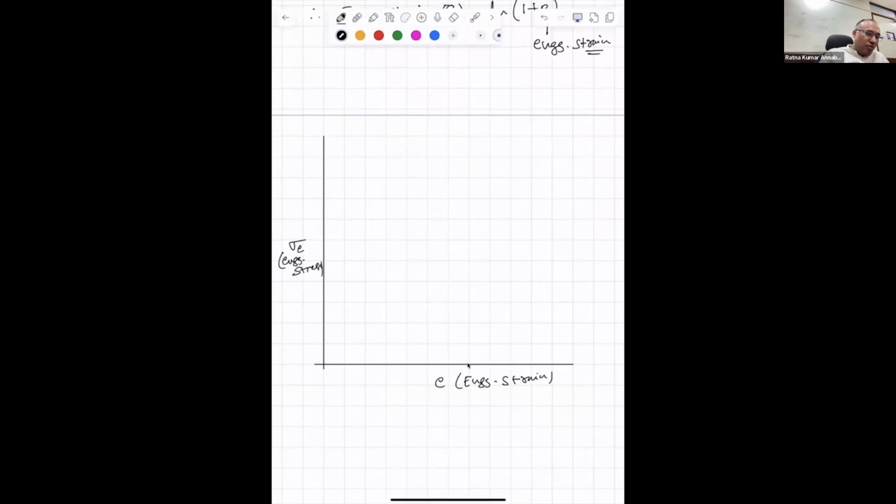Okay. Now, when I plot the stress strain diagram, that is the initial elastic regime, and then you have fracture.